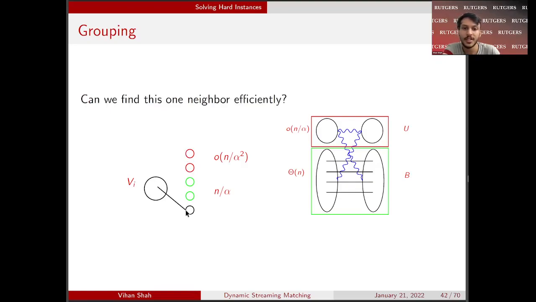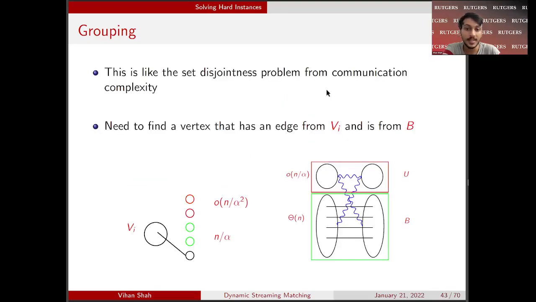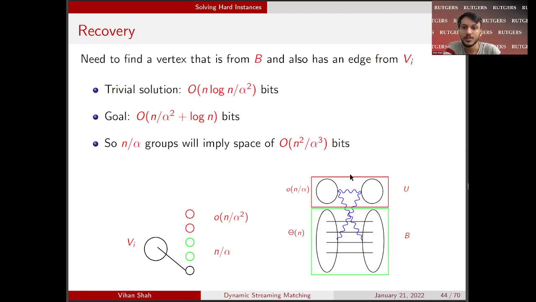So this actually is the hard problem we want to solve, and the question is, can we get this one neighbor efficiently? And this looks like the set disjointness problem from communication complexity, right? Because we want to find a vertex such that it has an edge from Vi and it is also from the set B. And note that we get the set B at the end of the stream using match or sparsify. So a trivial solution to this problem is you can store everything, right?